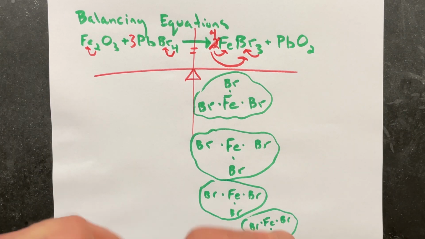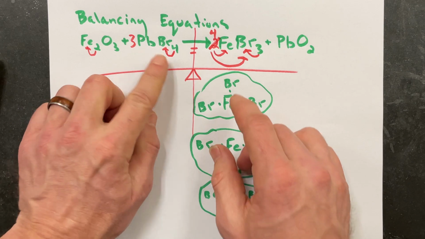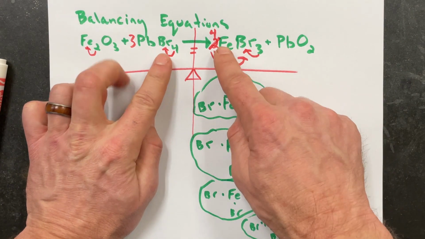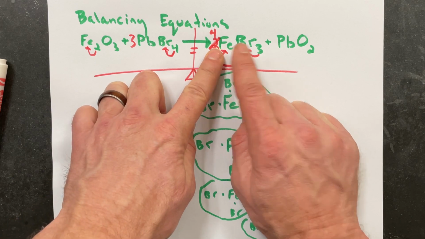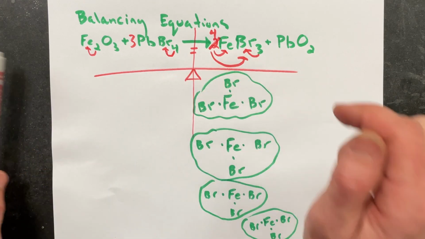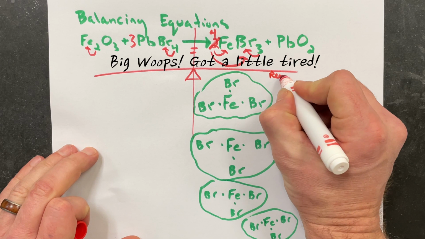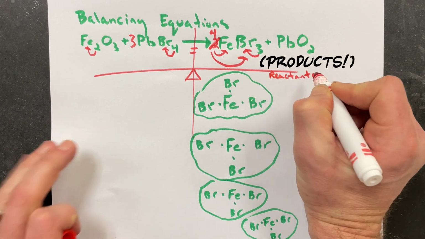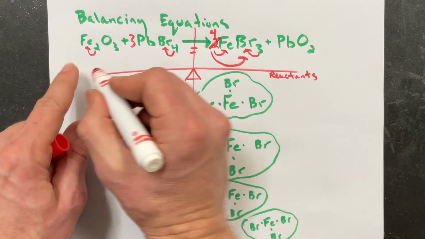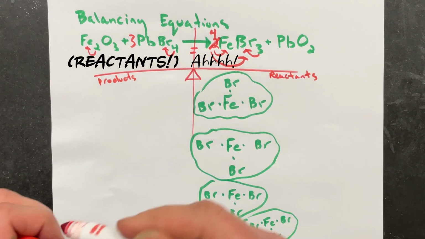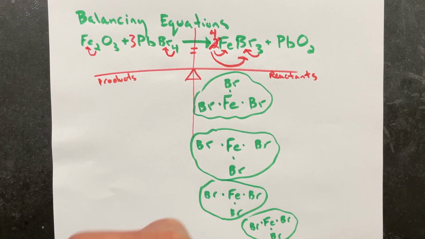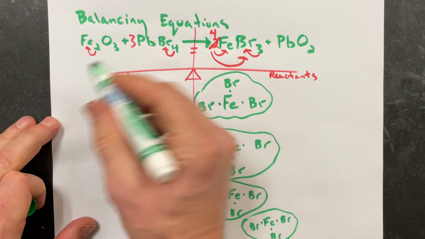Okay, what about the rest of it though? So that got us bromide was balanced. Iron, we have 4. Okay, if I have 4 irons on this right side, we call the right side the reactants. Then I'm going to need 4 irons on the left side of my products. Okay, so currently I have this iron oxide compound here.